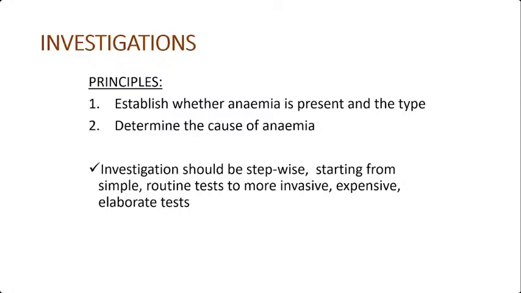And then next will come the investigations. And I will dwell more on these investigations because these are in the laboratory and the others that are supposed to help you clinch the diagnosis. So the two principles: one, you want to establish whether there is anemia present and the type of anemia. Secondly, now you want to determine the cause of this anemia.